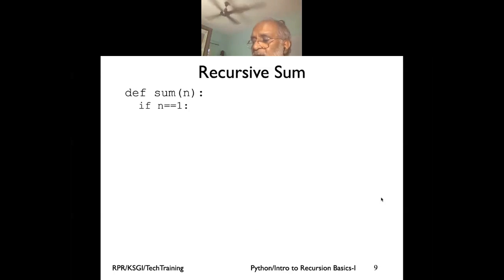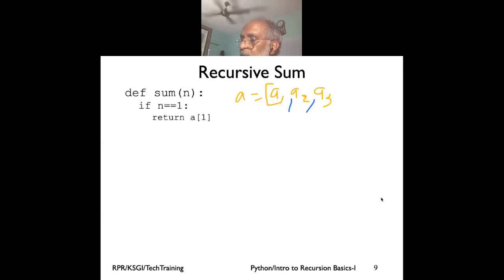Assuming I have a given function n, my job is to find the sum of 1 plus 2 plus 3 plus 4 up to n. Or you can say I am given numbers in an array, array a, with elements a1, a2, a3, and let's say an.